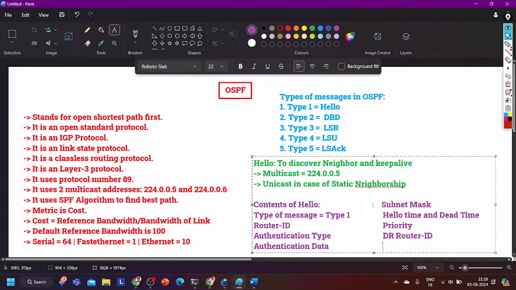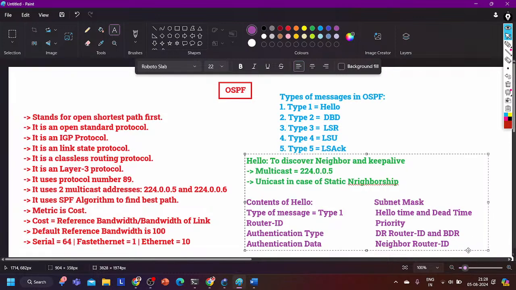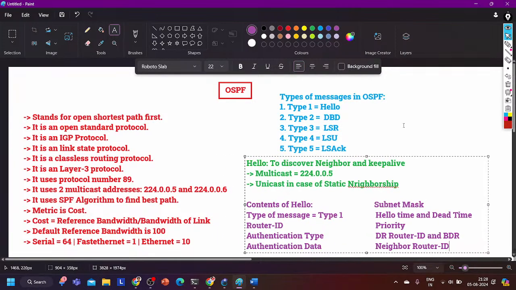DR and BDR: designated router and backup designated router. Then the most important information, the neighbor router ID. So the OSPF hello message is going to carry all this information. Clear?